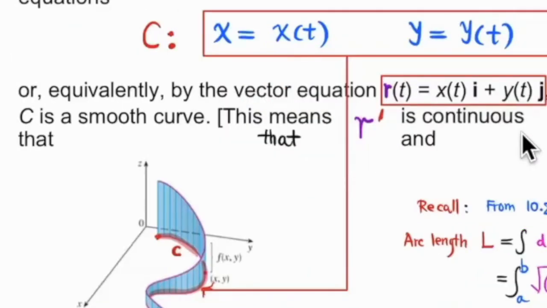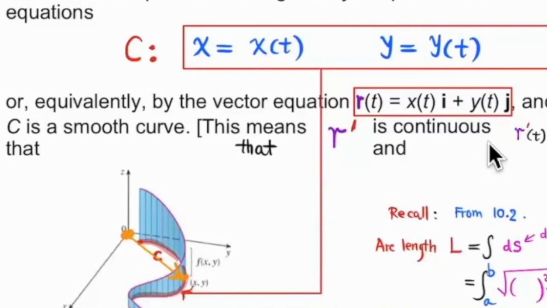What is this r? This r is the vector from the origin to a point on this curve. So imagine this is the r. I should use purple, I think. So let's use purple like this.